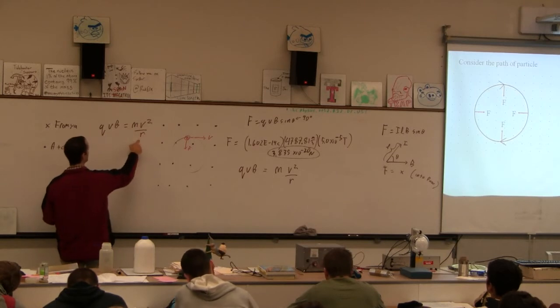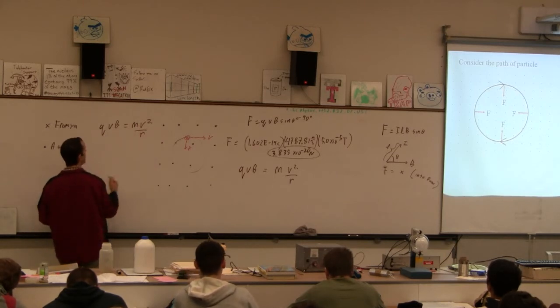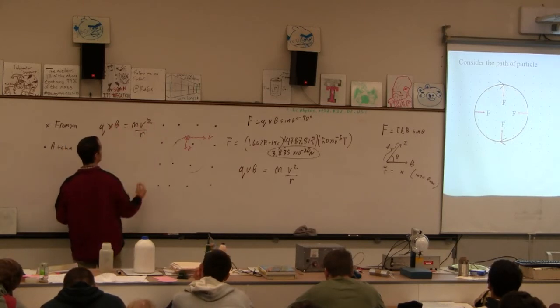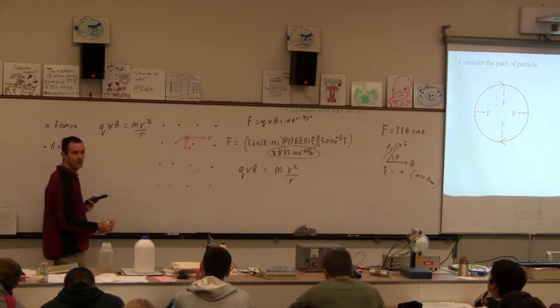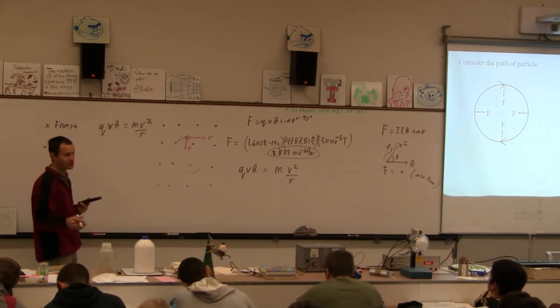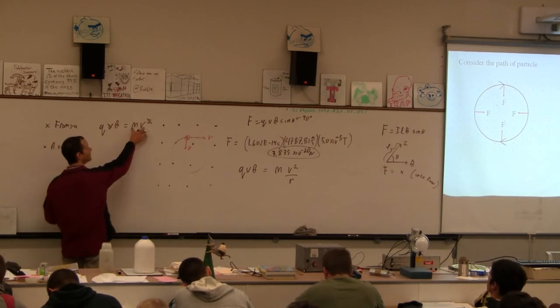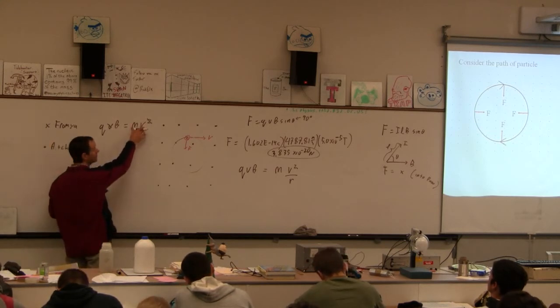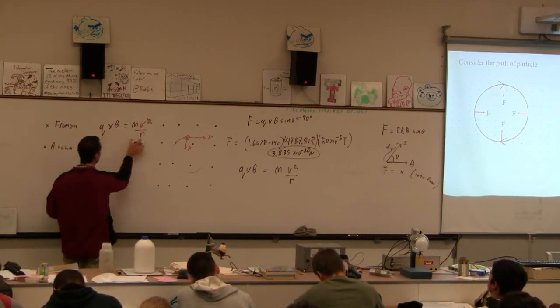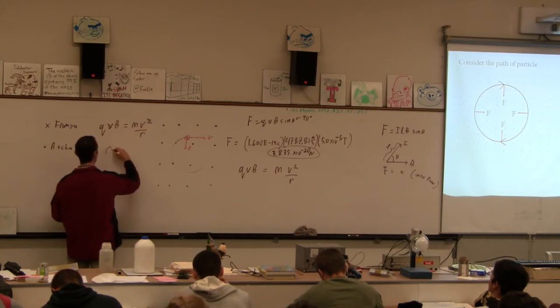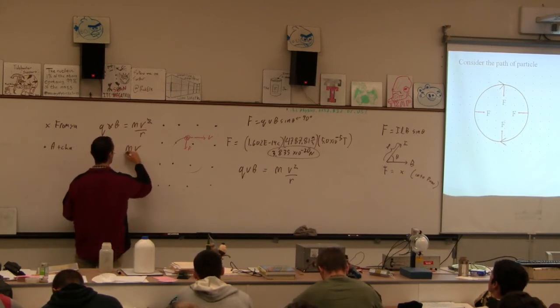Let's solve this for r. We can cross off one of the v's, can't we? This is sort of interesting, right? What you get on top is the momentum, don't you? And then if I put qB down there and r up there, I end up with r is mv, the momentum, divided by the charge times the magnetic field, right?